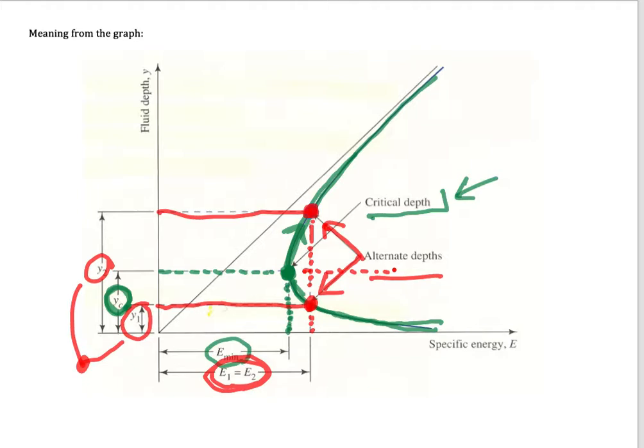If your flow goes in this direction, after it goes through the critical depth, the possibility of a hydraulic jump occurring is much higher compared to fluid that still lies in this region. That's why in open channel flow, the calculation of the critical depth is very critical, because it is the turning point where the hydraulic jump occurs or not.